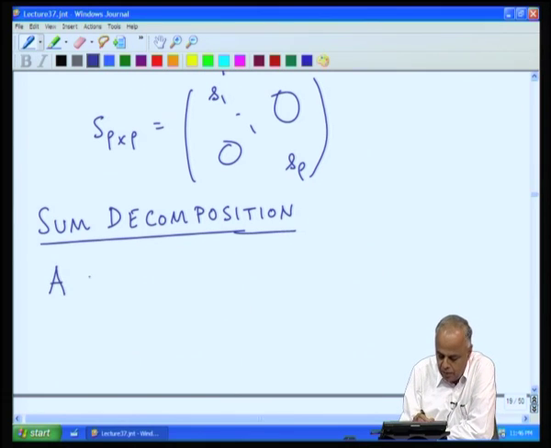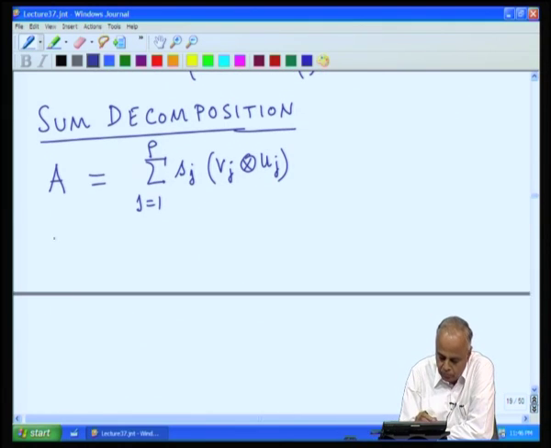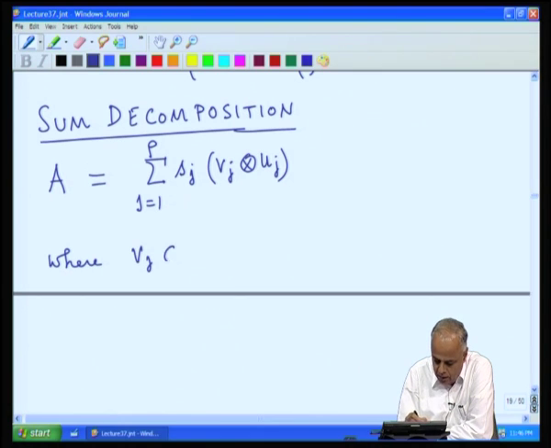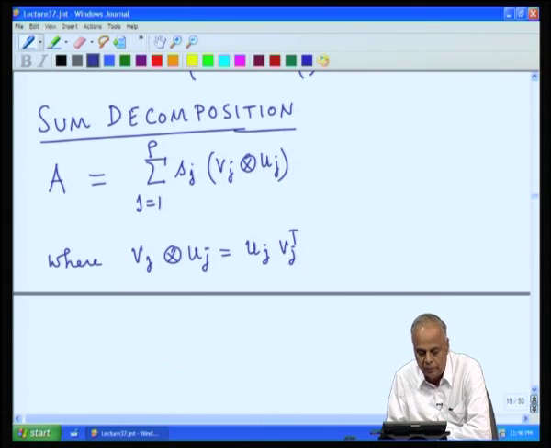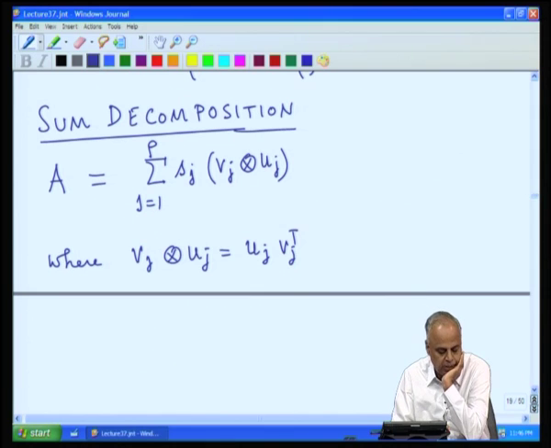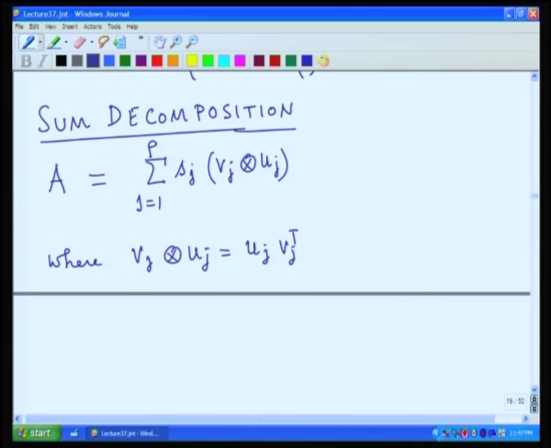A is equal to summation j equal to 1 to rho S j V j tensor U j, where V j tensor U j, our notation is U j V j transpose. So, these are the two main decompositions that we get. From the choice of our basis, we are able to get the generalization of the product decomposition we had for the symmetric or the Hermitian matrices. We are also able to get the sum decomposition that we had for Hermitian matrices.